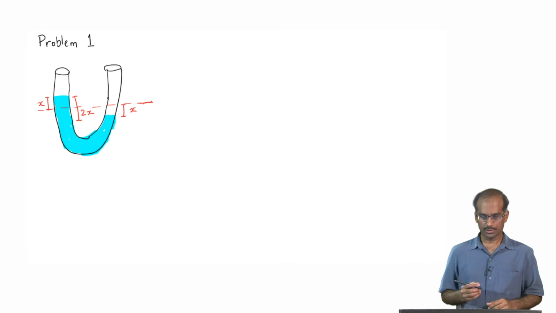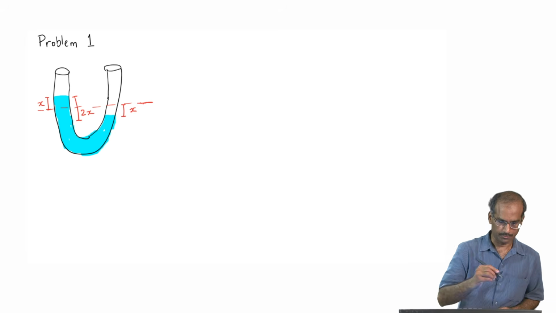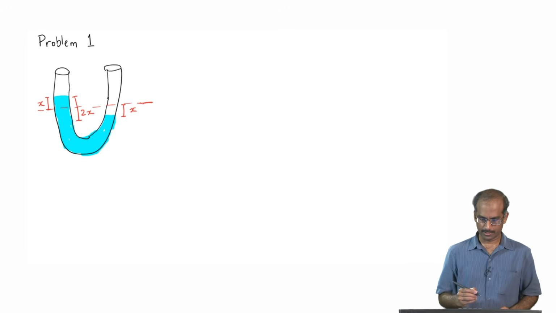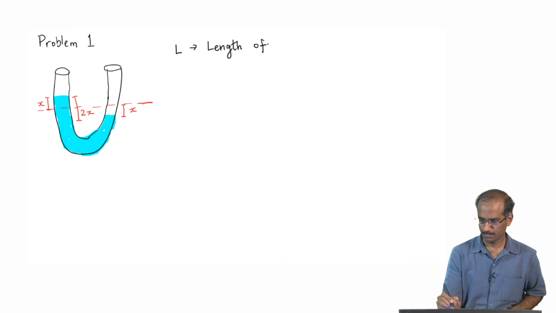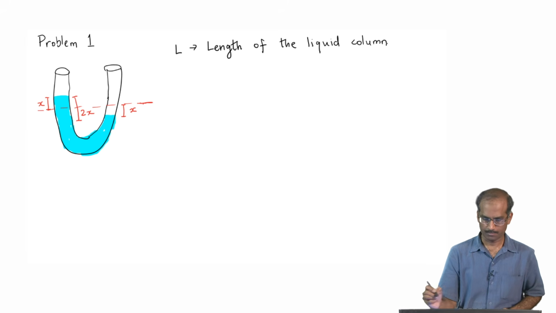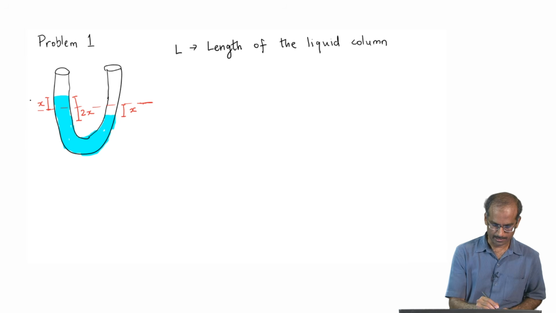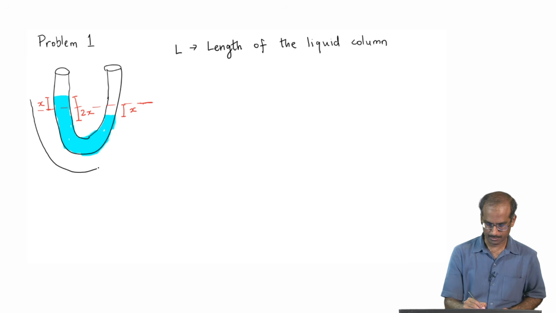To do this, we will need a few other parameters. Let us assume that L is the length of the liquid column. That is this entire length starting from here to here.